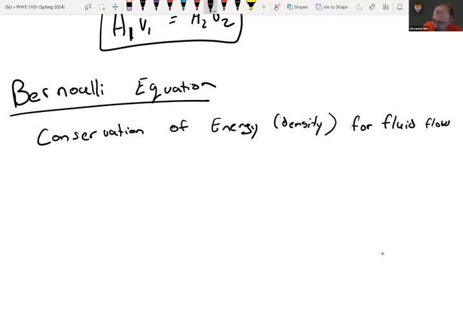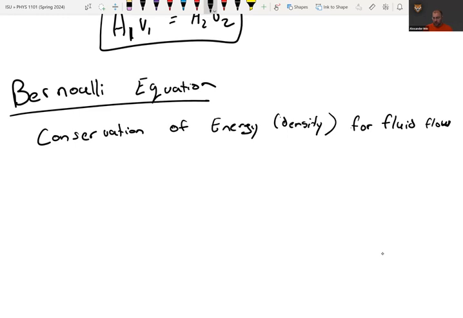Well, going back to why we use density instead of mass for fluids, the fluid is a continuous system, all of which is moving at the same time. So it's hard to say how much energy is in the whole thing. It's much easier to quantify the energy in terms of something per unit volume, and that is exactly what we're going to be doing with conservation of energy here.